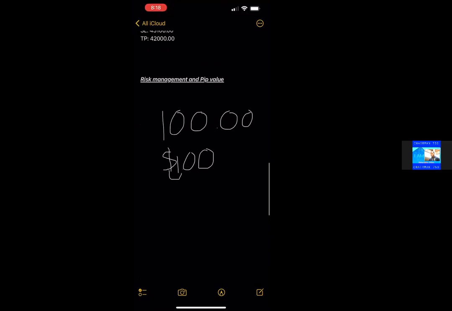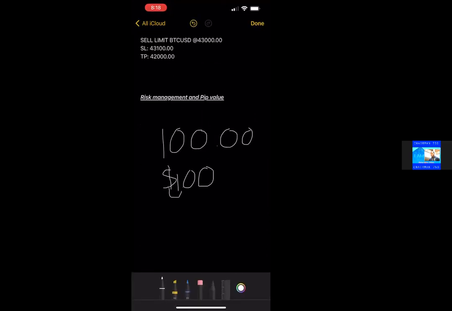So if we scroll down here, I want to show you guys this trade here. This is another signal example. So you can see here that the SL, or stop loss, right, or invalidation area, is 25 pips. So if it's 25 pips, guys, okay, if it's 25 pips, let's erase this.